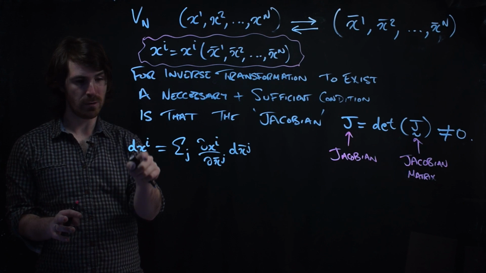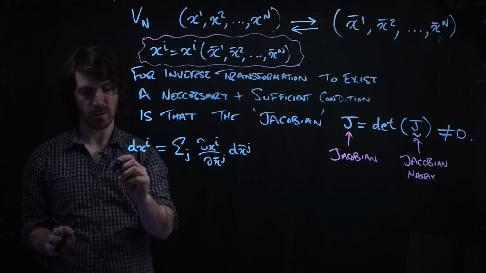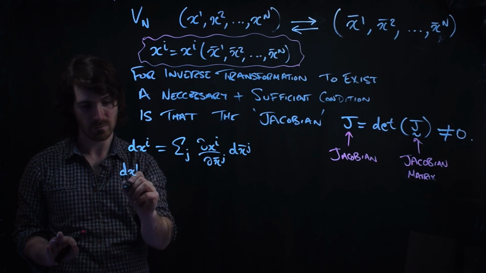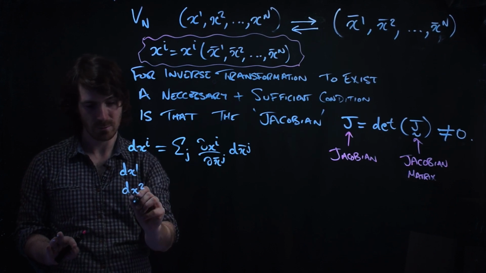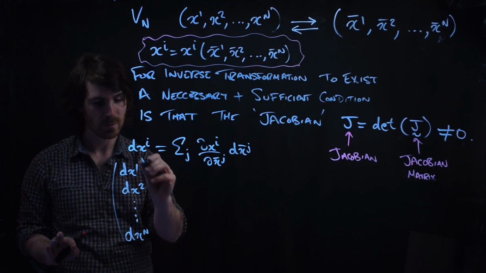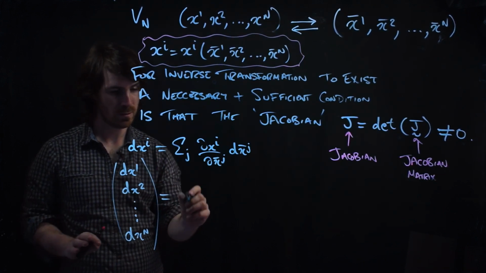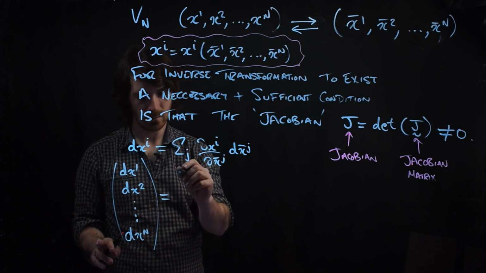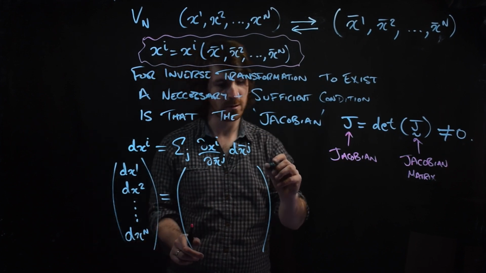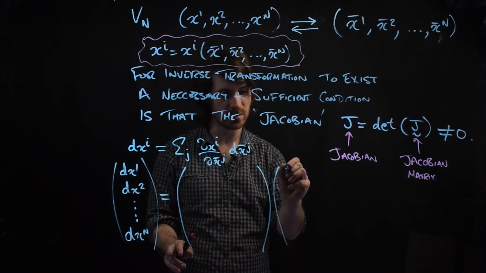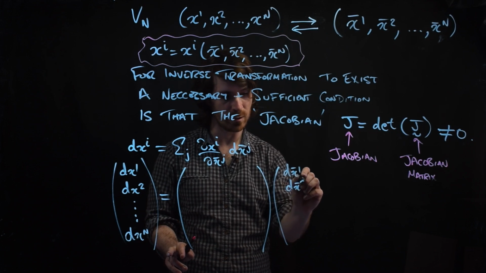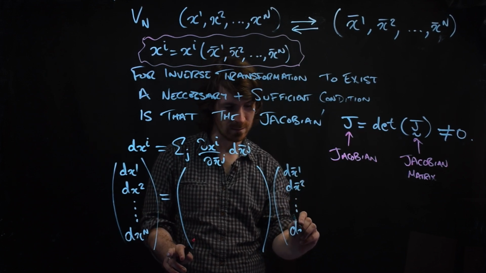This is true for every single i, so we can think about this as a vector of coordinate differentials, dx1, dx2, down to dxn. We can think about it as a matrix times the vector of the barred coordinate differentials, dx1 bar, dx2 bar, down to dx bar n.